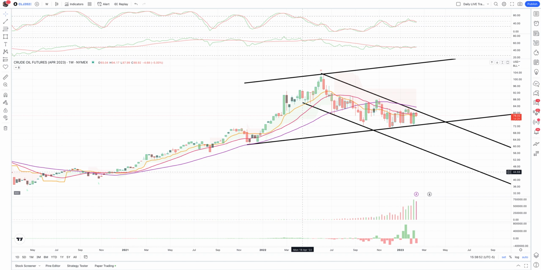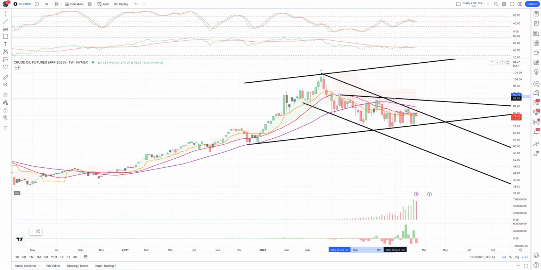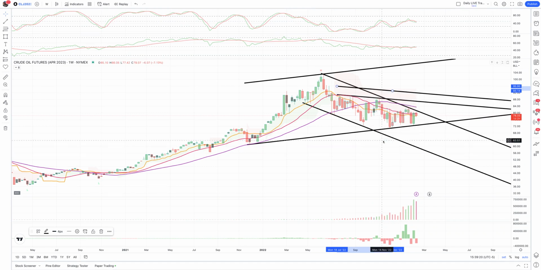So, next step. We look to see, is there anything else here that really stands out to us? Now, don't get too caught up in the moving averages, and the reason I say that is they're set for a day trading time frame, not really set for the time frame that we are currently looking at, because we're ultimately going to dial this chart down to a time frame that we would day trade on.